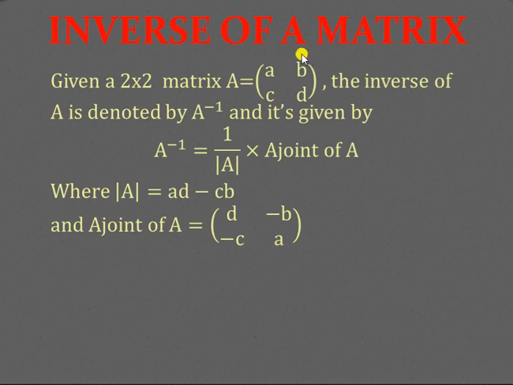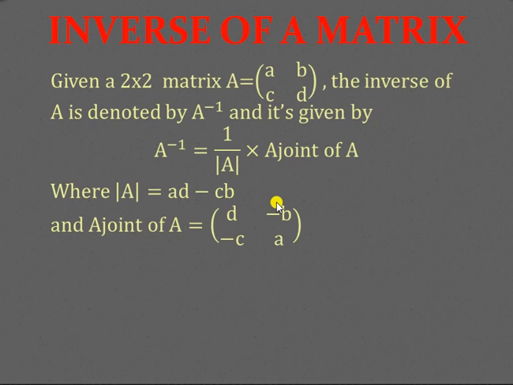Then on the minor diagonal, what you do is you just change the signs of the elements. So that is why B was a positive, now it has become a negative, and C was a positive, and now it has become a negative. So if this was a negative originally, then it would be a positive here.